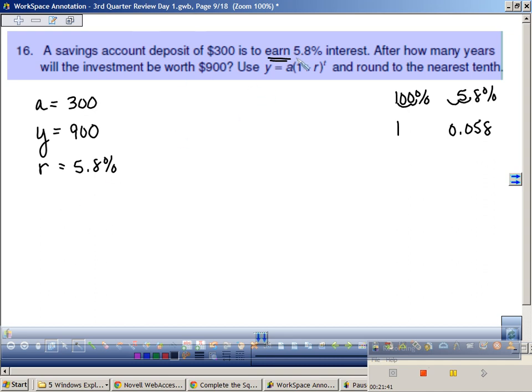Okay, so if I set this up, I would say 900 equals 300 times 1 plus 0.058 to the c. Now what do? Divide by 300.